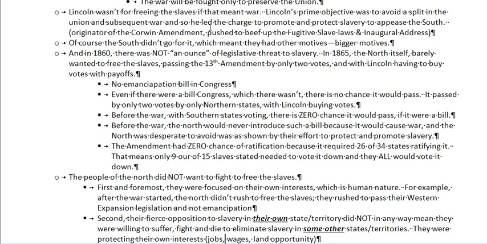He pushed for the beefing up of the fugitive slave laws. And then just read his inaugural address, his whole inaugural address. What's the purpose of it? To preserve the Union. That's his number one primary goal. And he's going to throw slaves under the bus to do so.